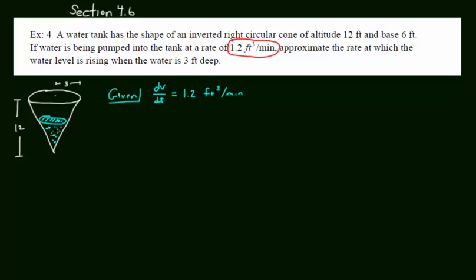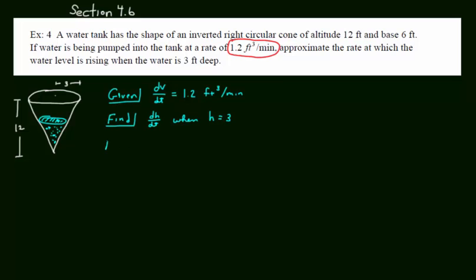Volume going in. That's the volume of the water. Next, we want to determine what we want to find in the problem. And in this case, we want to find the rate of change in the height of the water with respect to time, or dh/dt. And we want to find that when h is equal to 3 feet.